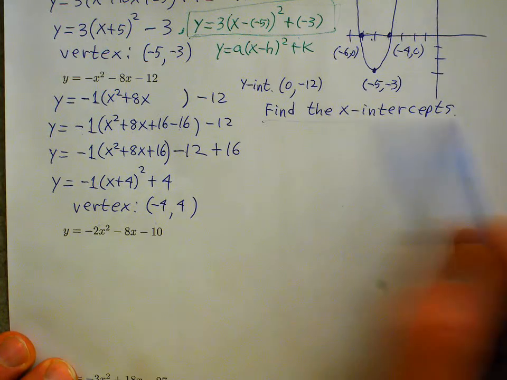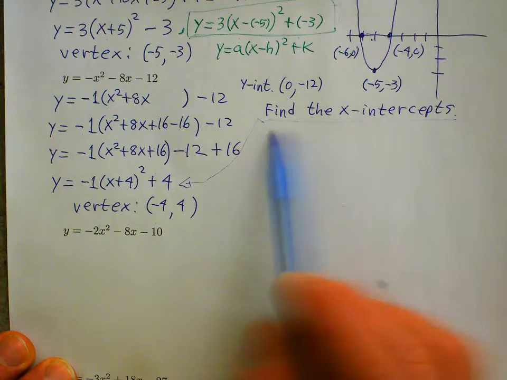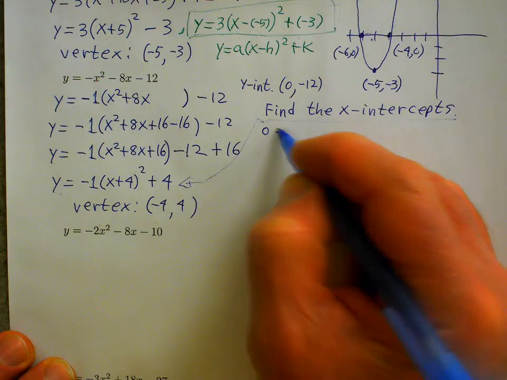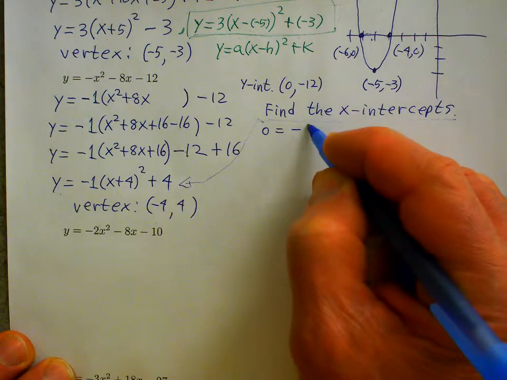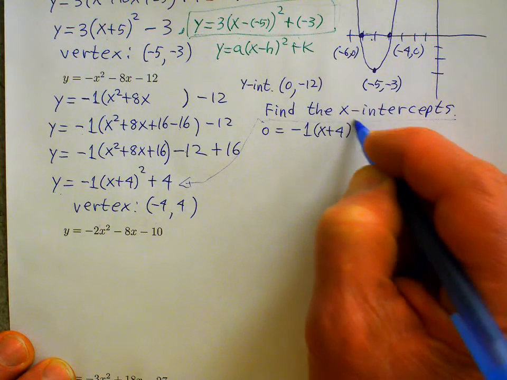So let's use the vertex form this time to find the x-intercepts. So replace y with 0, so we get 0 equals -1 times x plus 4 squared plus 4.